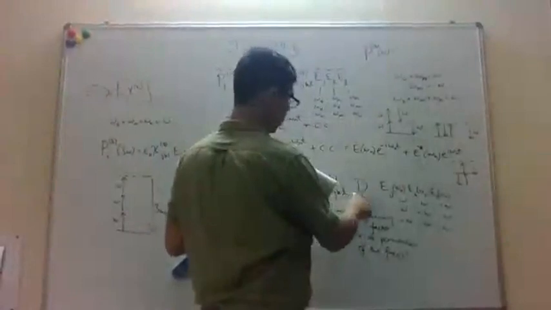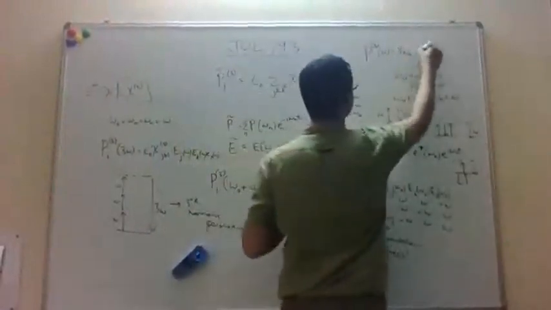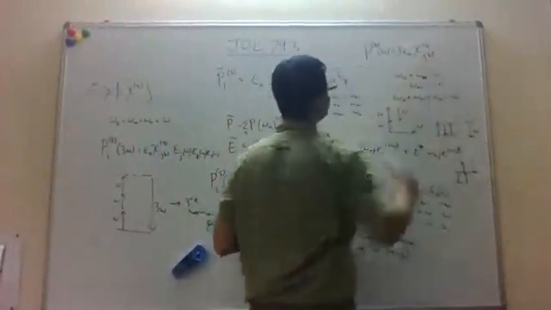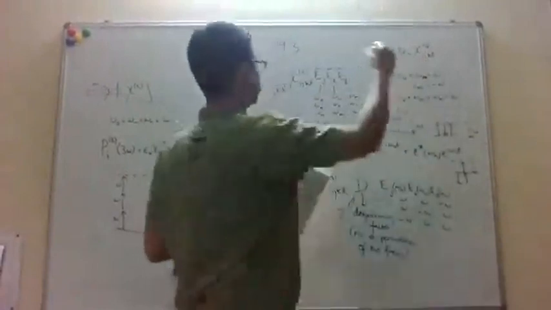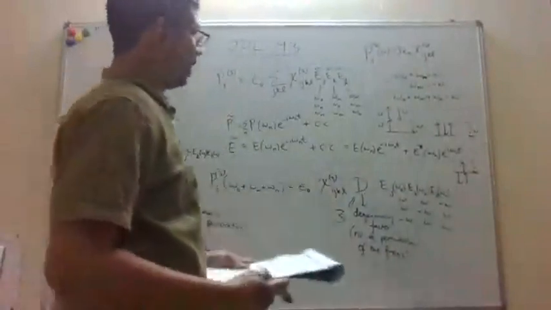And then I have this factor of 3 epsilon naught. And then I have the corresponding tensor element, whatever it is, for that particular configuration.